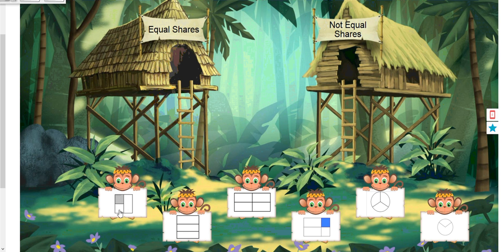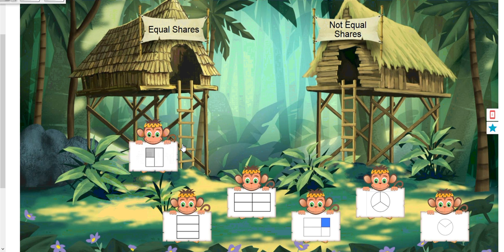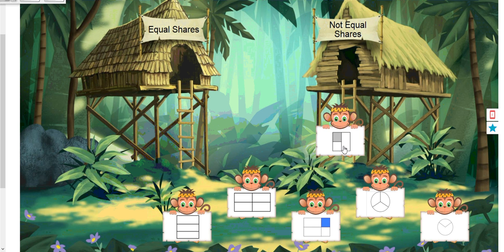Look at this monkey. Thumbs up or thumbs down? Equal shares, thumbs up, or not equal shares, thumbs down? Thumbs down. This is not equal shares. Look at this monkey. Equal shares, thumbs up. Not equal shares, thumbs down.